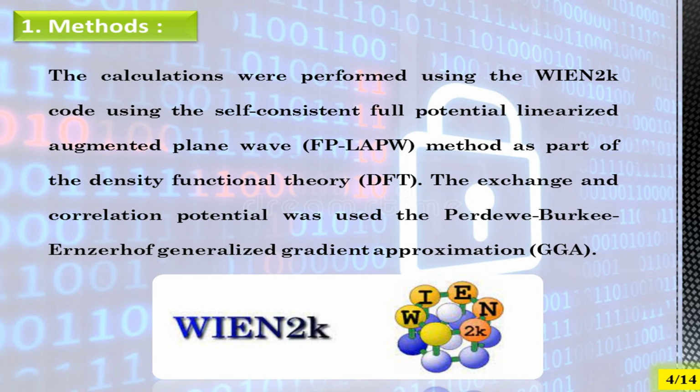The calculations were performed using the WIEN2k code, using the self-consistent full potential linearized augmented plane wave method as part of DFT. The exchange and correlation potential used the GGA approximation.